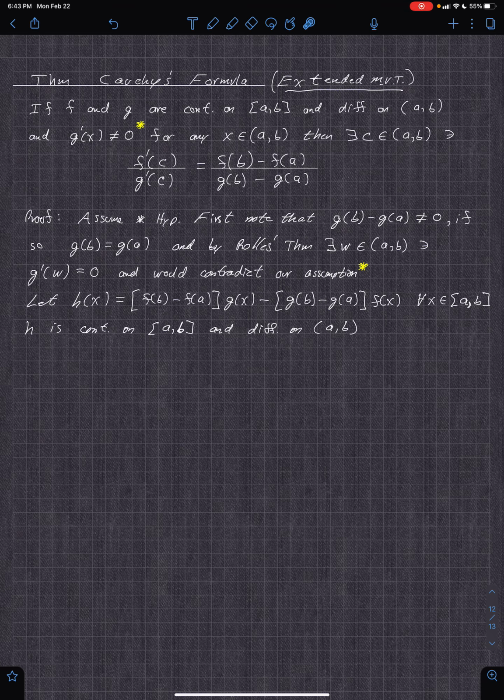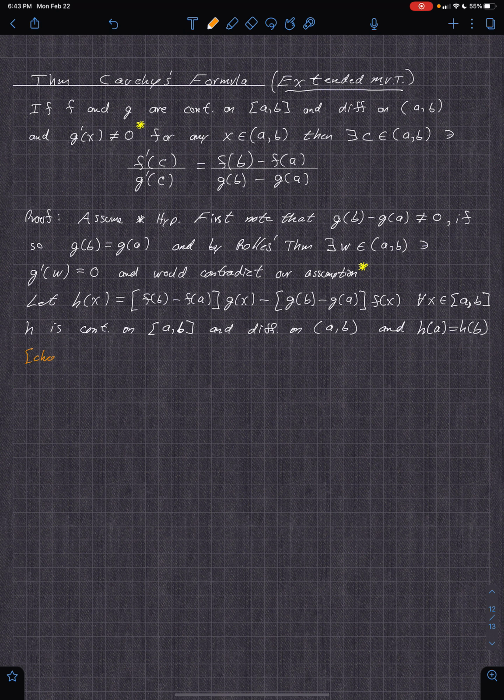Now we're basically stating the hypothesis of what we get for Rolle's theorem. So h is continuous and differentiable in that, and you have that h of a equals h of b. That's not necessarily obvious, so I want you to check that. Plug in a right here, plug in b. If I do go through this proof, this is an exercise I have you do.